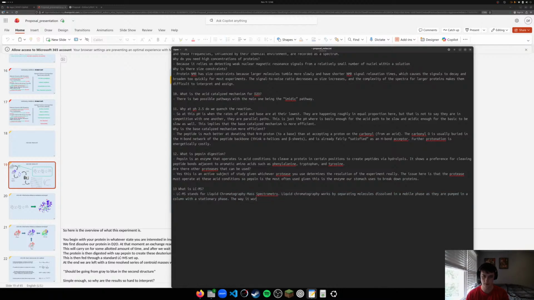So the way it works in HDX-MS is that we first dump the protein into an acidic quench buffer solution, which denatures the protein and is fed into a pepsin stationary phase column.